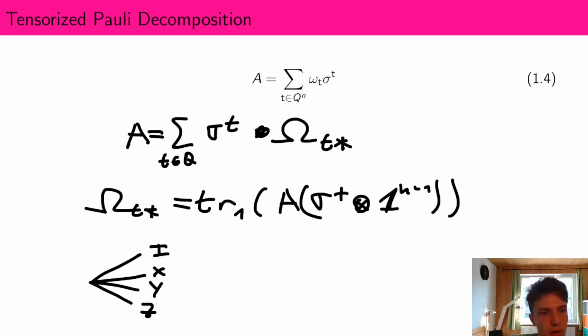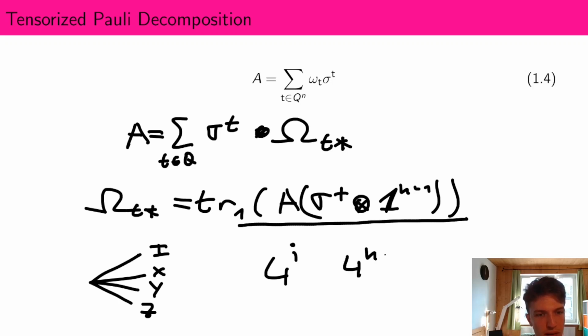So in each step we have 4 to the i branches where the computational cost of the matrix addition that we use in calculating this trace would be of order 4 to the n minus i, which is the size of the matrix basically.